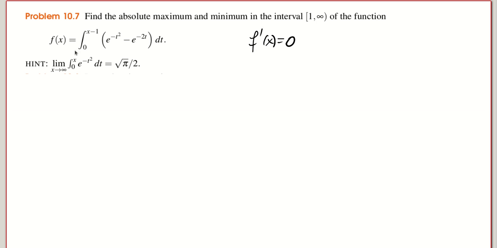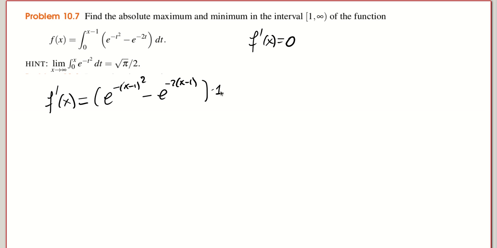Okay, so let's take the derivative of this, right? The derivative of this is equal to, well, we apply Leibniz rule, right? We have here a function, so we substitute this by the function, so it's e^(-(x-1)^2) minus e^(-2(x-1)), and then you have to multiply this by the derivative of this, which is just 1, right?